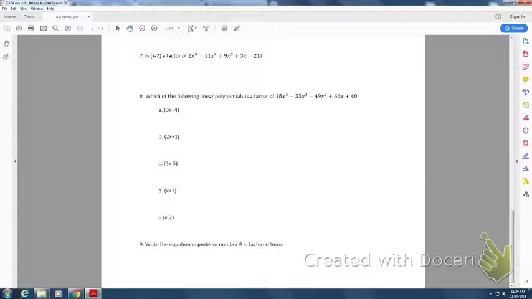If you're in this section right here, I want you to plug in A and see if it is a factor or not a factor. This row right here, I want you to do B, C, D. This whole section, I want you to do E.